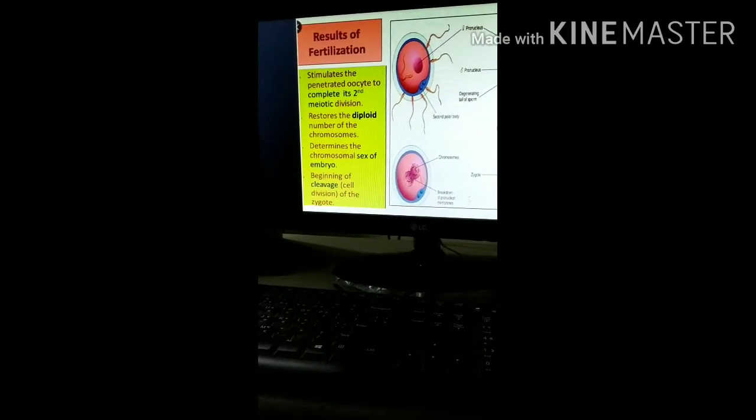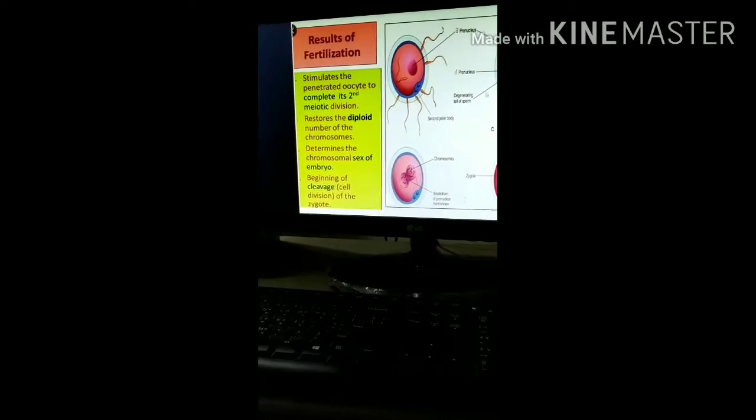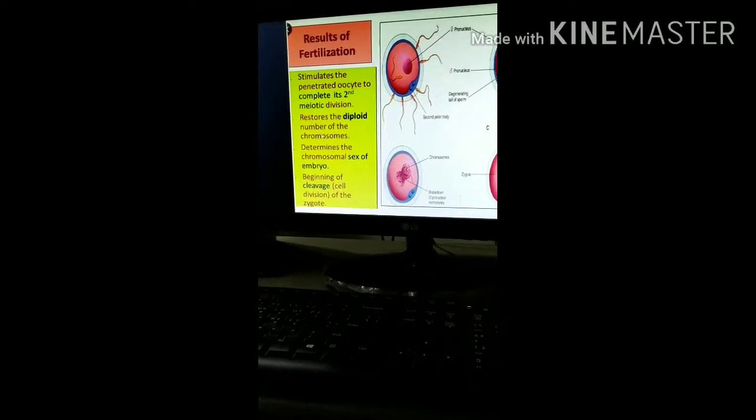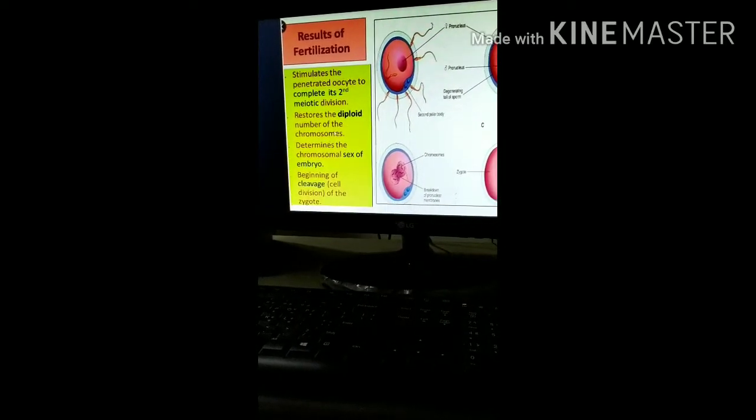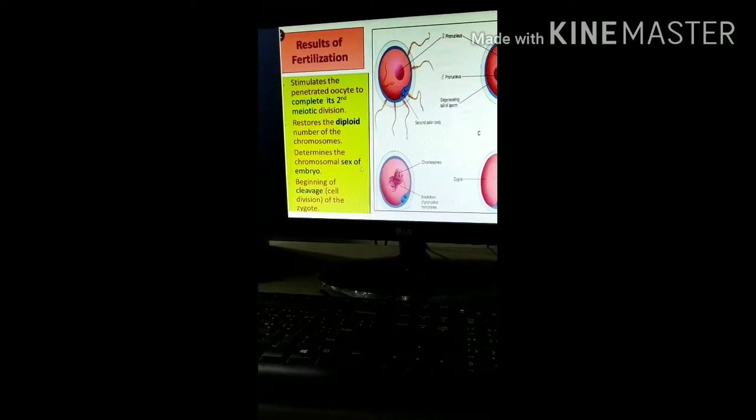When the two pronuclei fuse, 23 plus 23 form 46 chromosomes. So the diploid number of chromosomes is restored, and determination of the chromosomal sex.